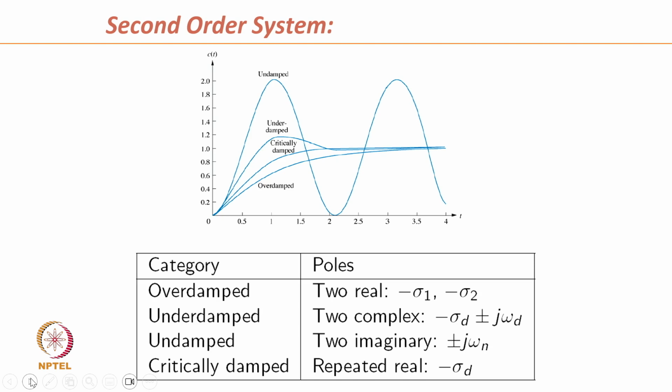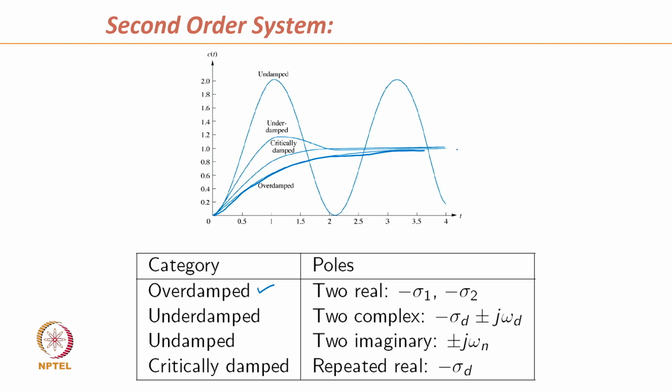So, if we have the poles or the roots of this characteristic equation which are both real, it means there is no imaginary part to these roots, then the system will be overdamped, and the system response, if we see in the time domain, looks like this overdamped response.